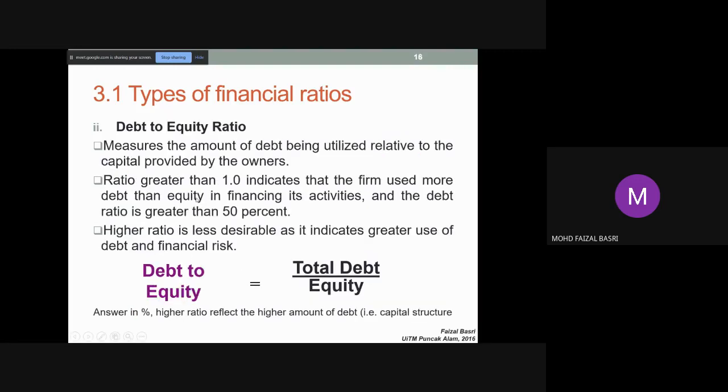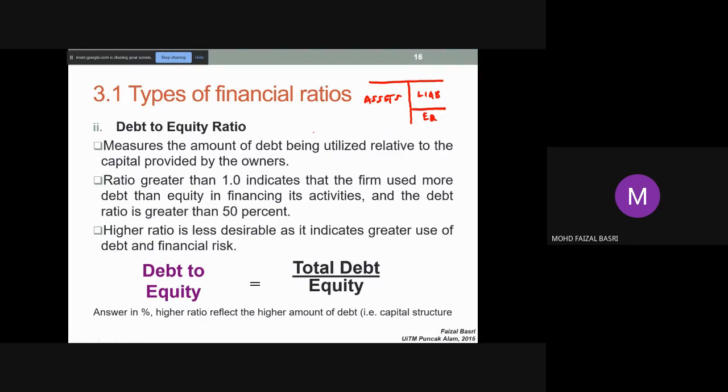Okay, so that's debt ratio. Next, we move on to debt to equity. The total debt will be the same, but we're going to divide by the equity. If we remember the format of the balance sheet, we have assets here, and we have liabilities, which is debt, and equity here. So now I'm going to segregate the liabilities and equity sections.